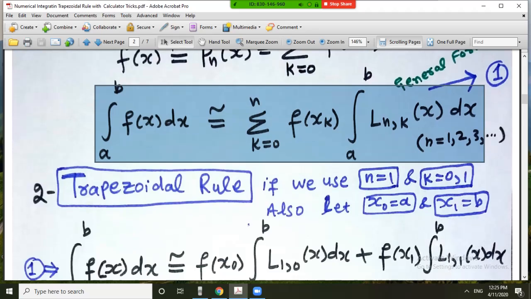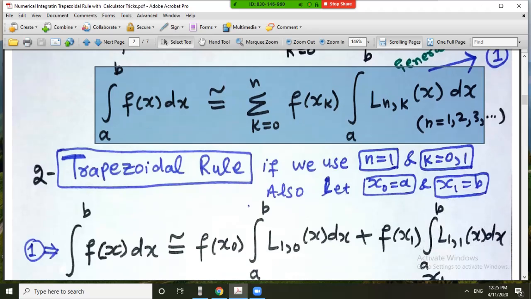In this general case, if we use n equal to 1, we will have the trapezoidal rule formula. We also have another formula if we put n equal to 2, and that is Simpson rule, but Simpson rule will be discussed in the next video lecture. This time we are discussing only trapezoidal rule.